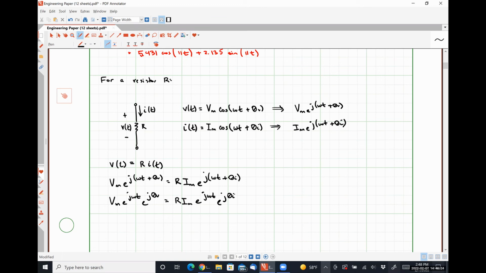Now we can see that both sides of this equation have a common factor of e to the j omega t.